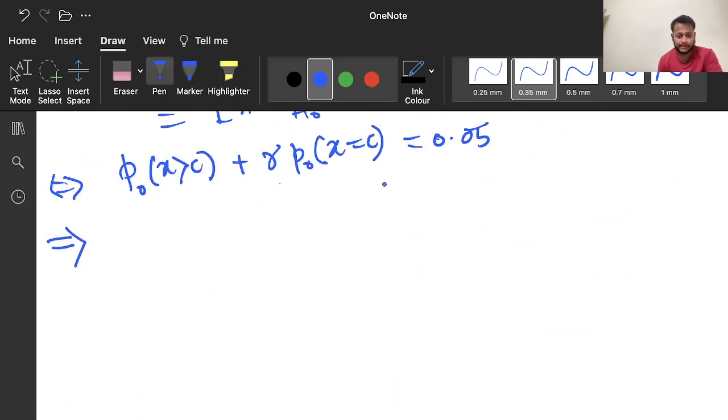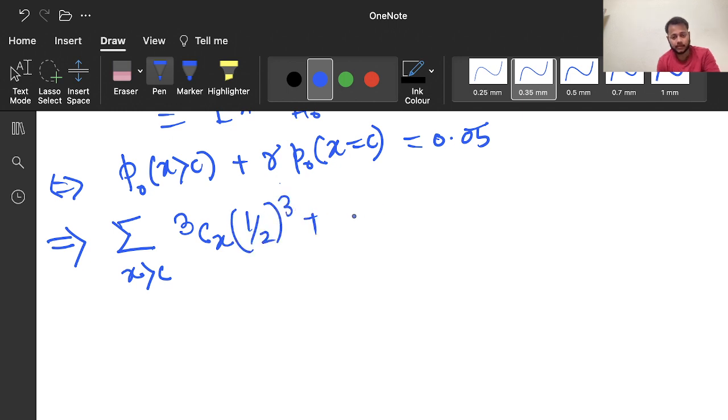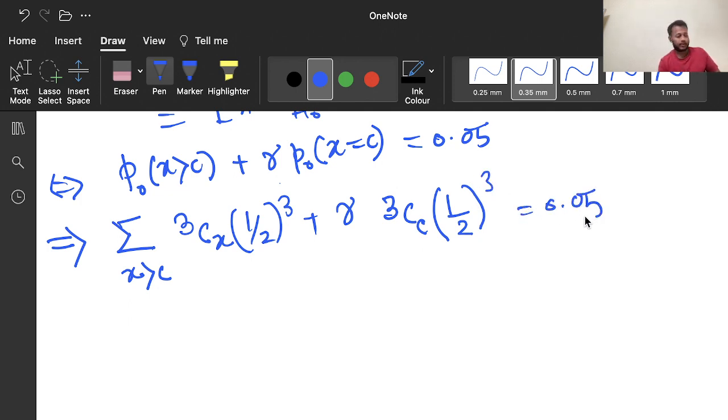So that means it is the summation over x greater than c of 3cx half cube, plus gamma into 3c c half cube, equal to 0.05.